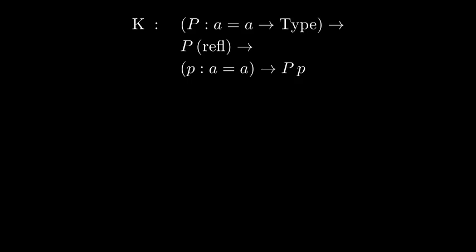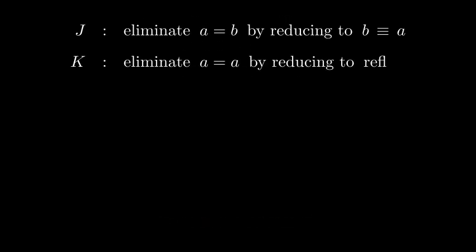An equivalent way to state UIP is as a recursor. Axiom K says to prove anything about a proof that it equals itself, it suffices to prove it for refl. There is no other case. Compare with J, the recursor for equality we built last episode.